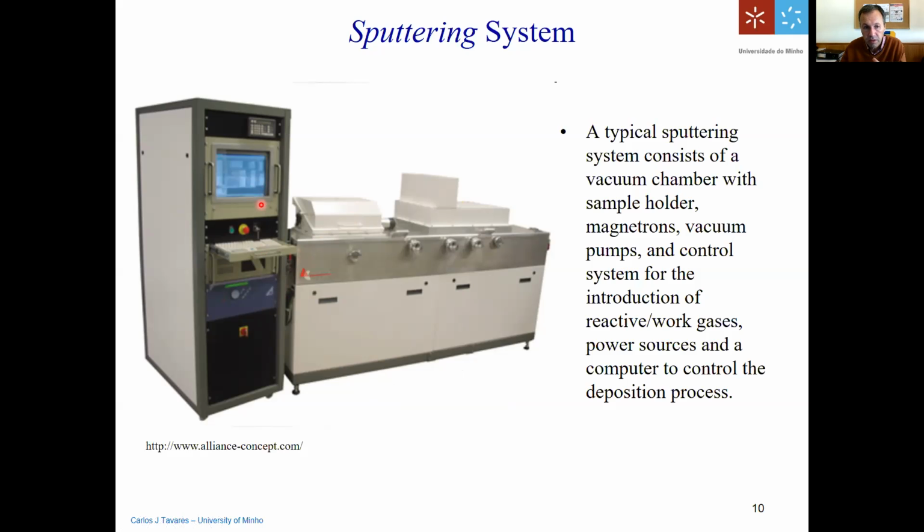If you use different targets to make complex coatings, then it's important to have a system with these routines or recipes which you can just press a button and produce them, or you can just use the software to experiment and try to change some parameters, like for example the pressure for the working gas, the pressure for the reactive gas, the power that you need, because normally you don't know beforehand.